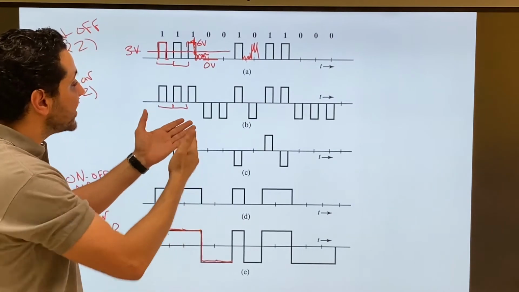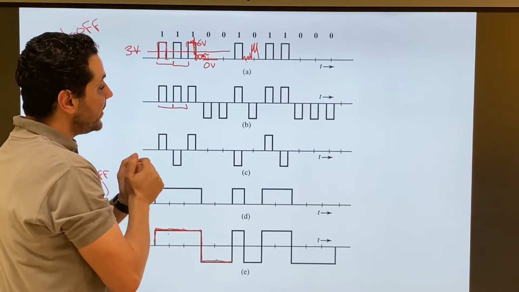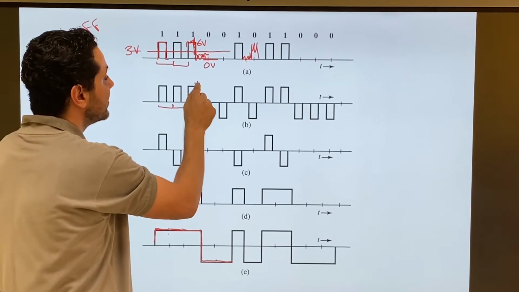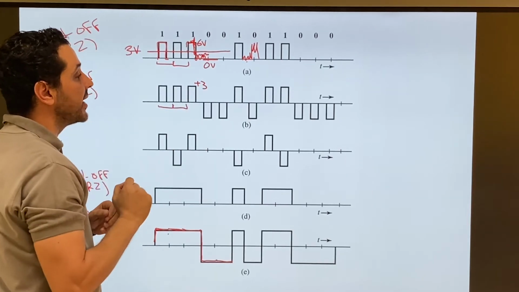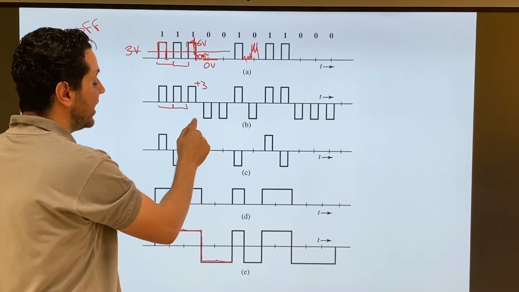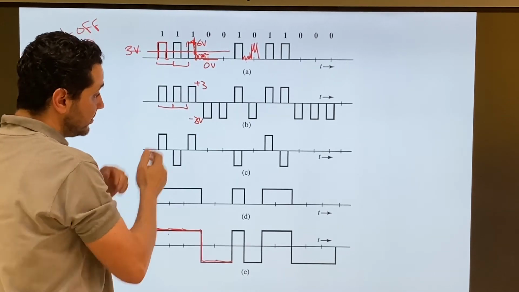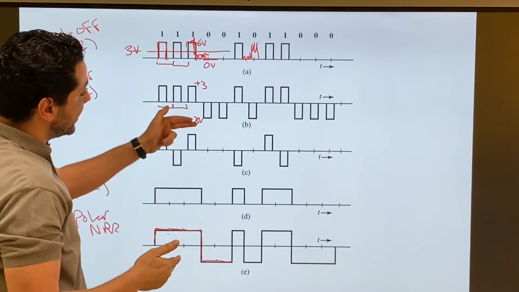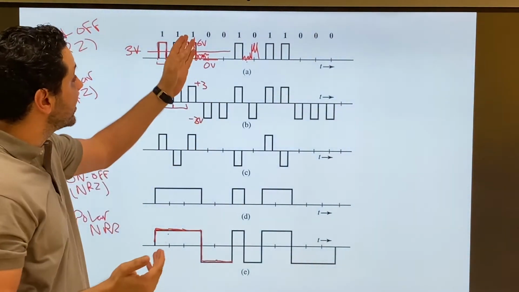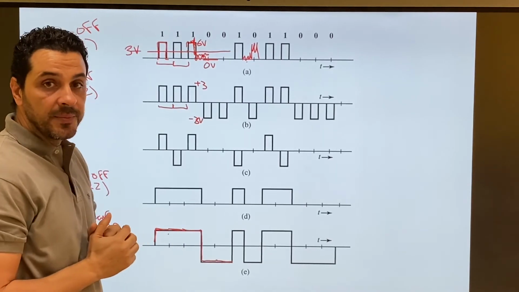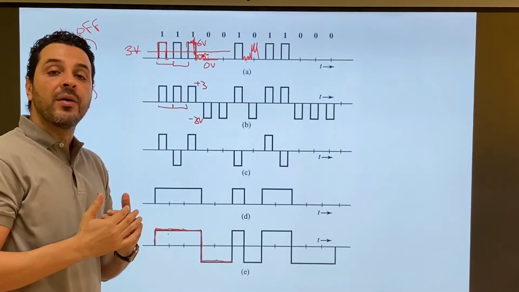If you want to have the same noise immunity in the polar, then you are going to have the binary 1 represented by 3 volt and the binary 0 represented by minus 3 volt, right? Now the difference between the binary 1 and the binary 0 is 6 volt, similar to the case of on-off. But let's calculate the average power in both cases.